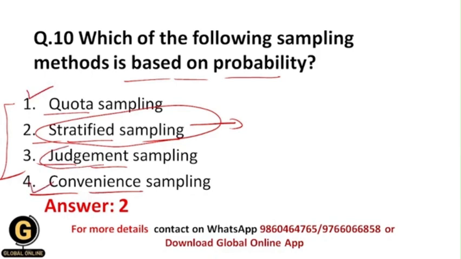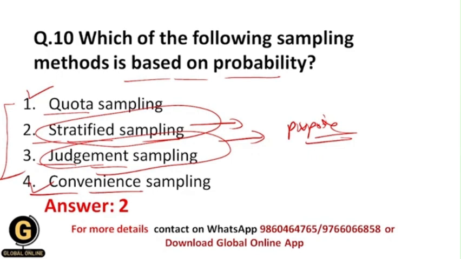So now let us see what judgment sampling is. The judgment sampling technique is also called the purposive sampling technique. Here the researcher has a specific purpose towards the participant, and that's why he purposively selects that participant only.